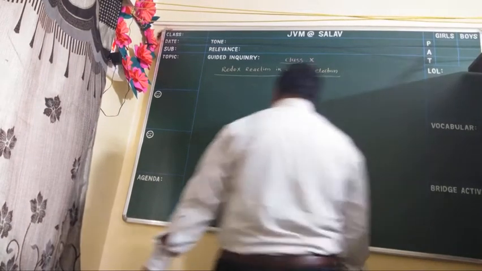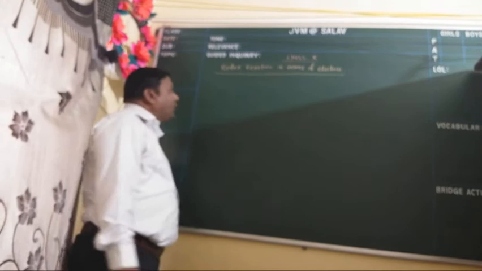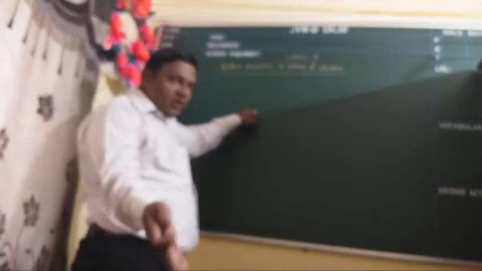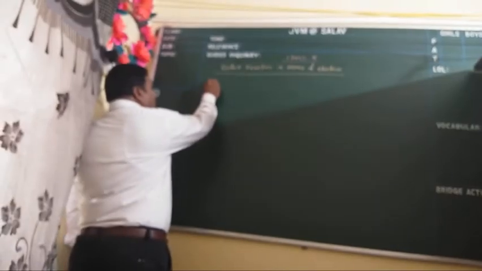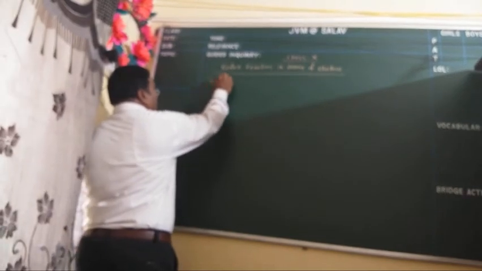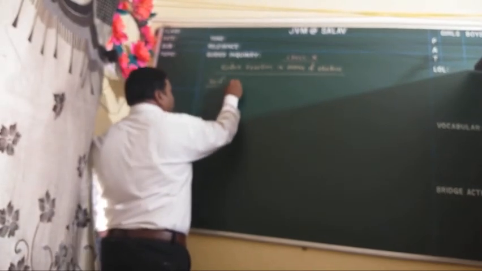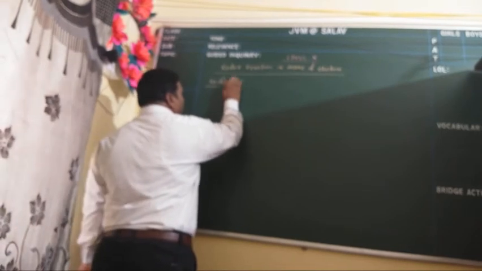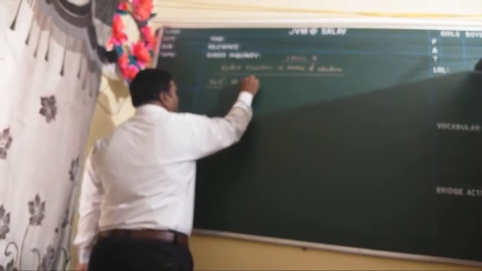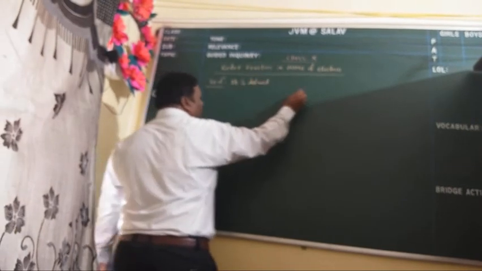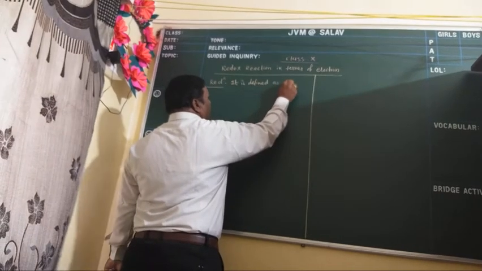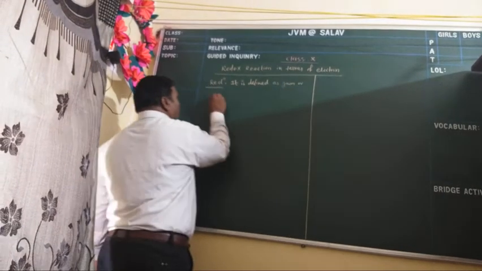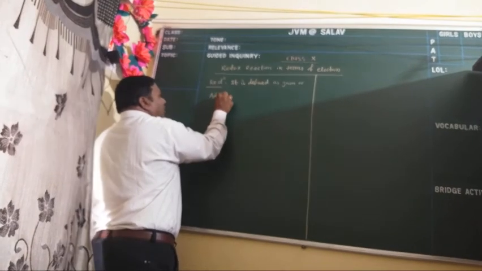Okay. Now the next one is redox reaction in terms of electron. In the previous lecture, we covered redox reaction in terms of atom. Now here, reduction in terms of electron is defined as gain or addition of electron.